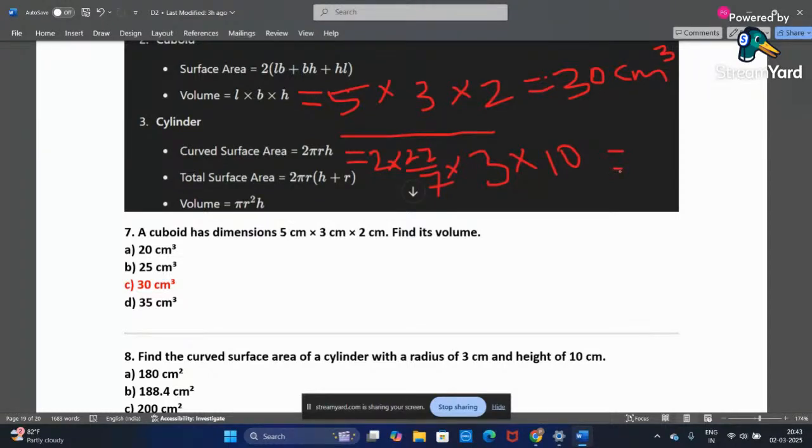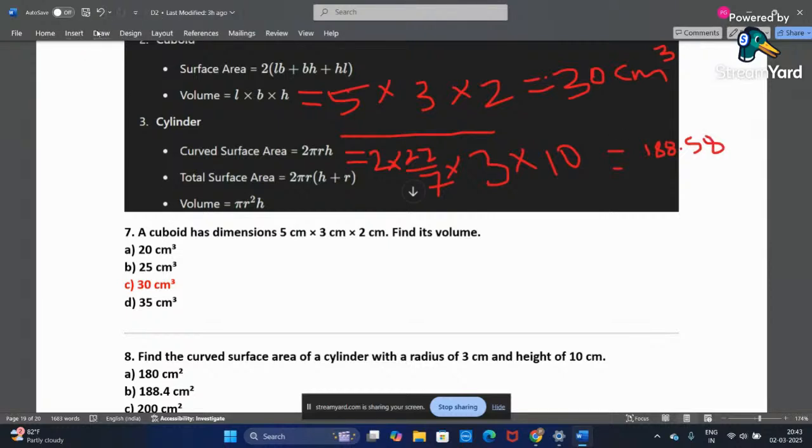2 into, what is the pi value? 22 by 7. It is 3.142, right? What is the answer? Here we are getting somewhat like 188.58.